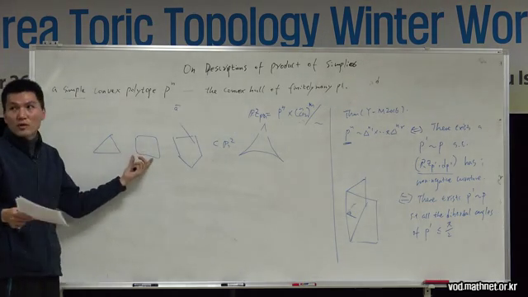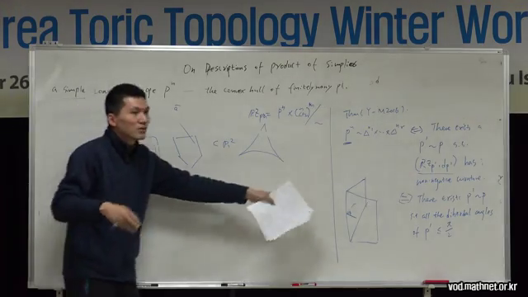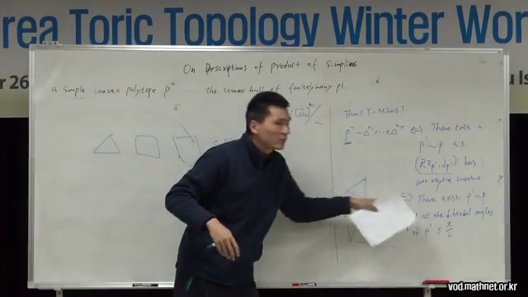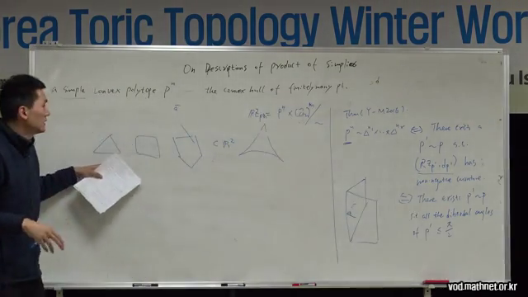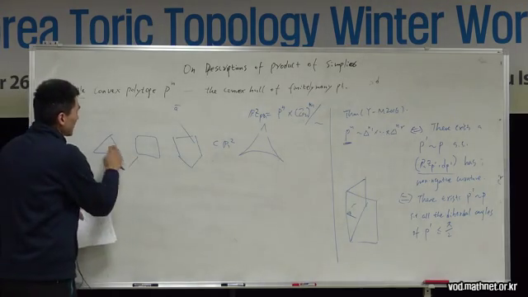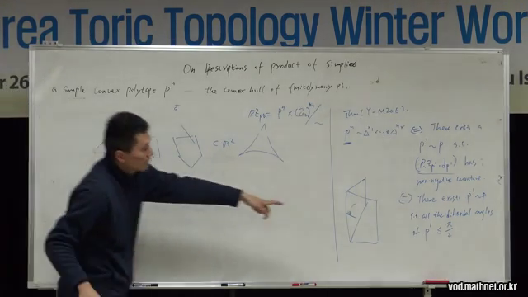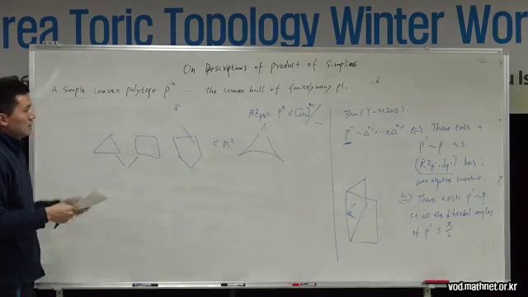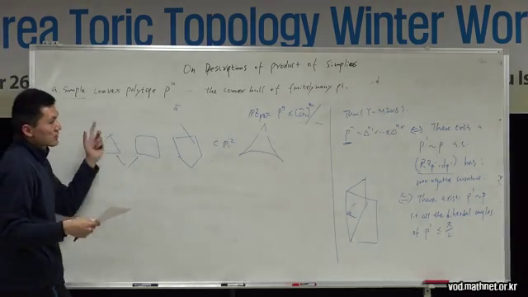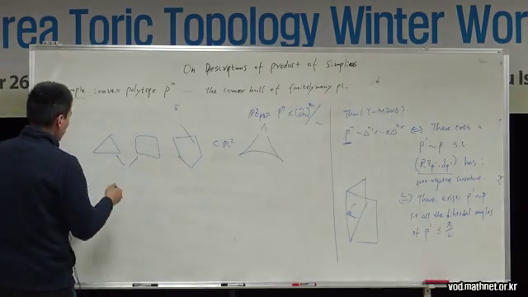Only triangle and square can have angles less than or equal to pi over 2. Then using the formal criteria, we can say it is equivalent to that.